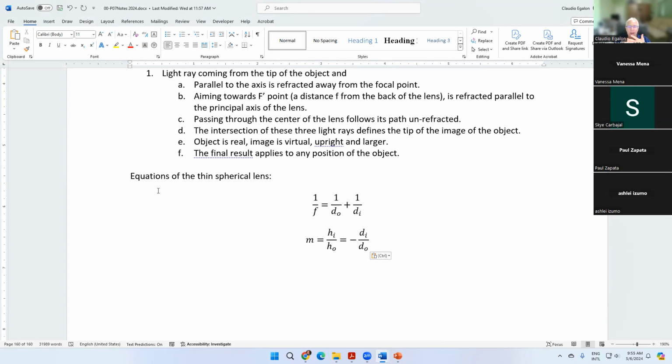The same geometrical arguments that can be used for mirrors to find this equation can also be used for lenses to find this equation. So it's not difficult to memorize that, right? There's nothing new here.